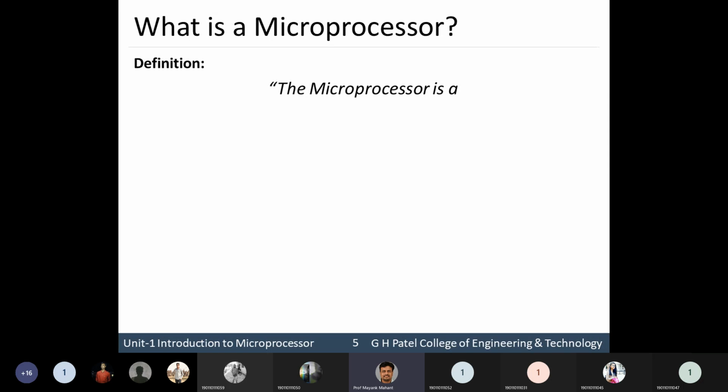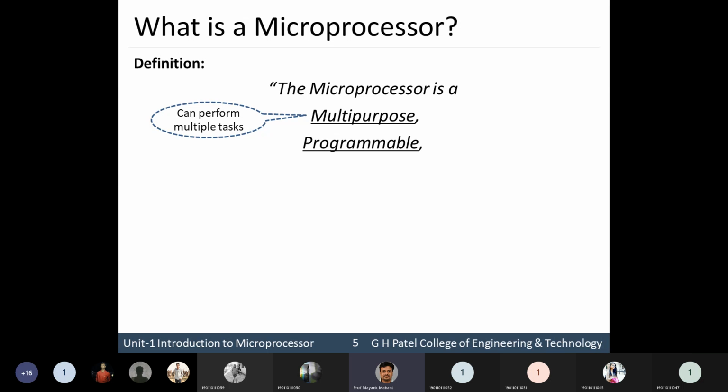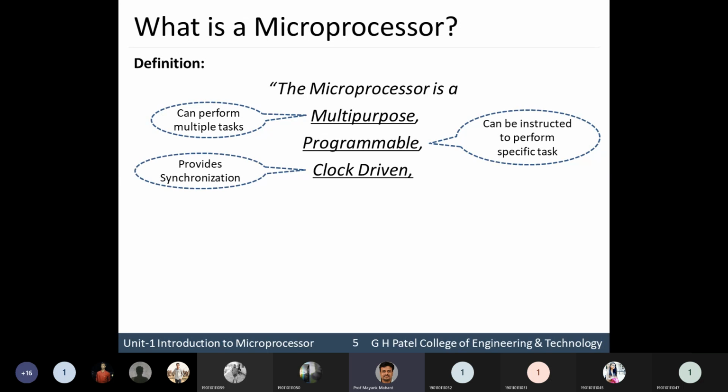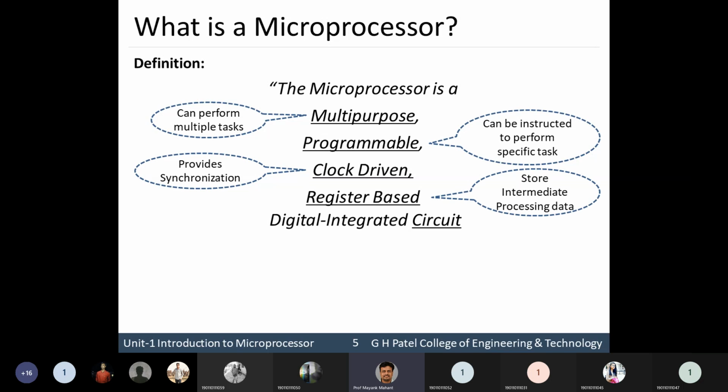It can be used to build a microcomputer, and it can also be used to build microcontrollers. In the form of a definition, the microprocessor is a multi-purpose, programmable, clock driven, register based digital integrated circuit.